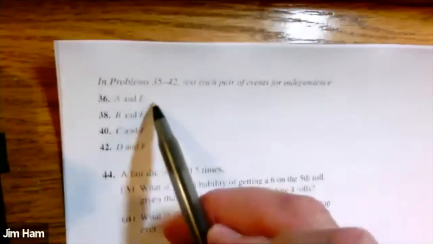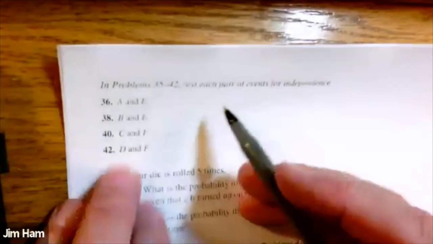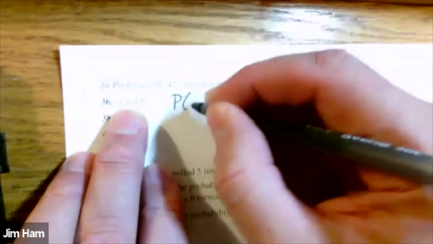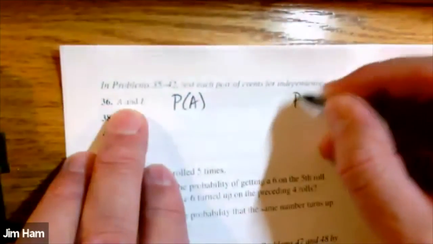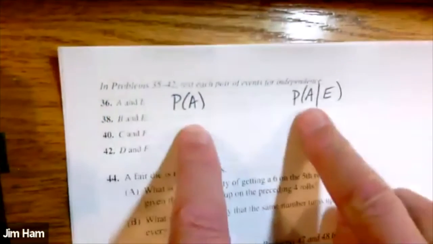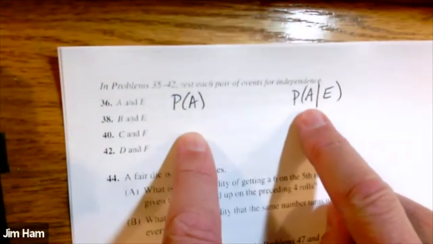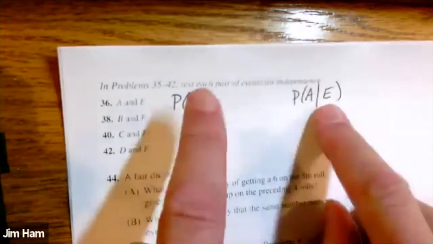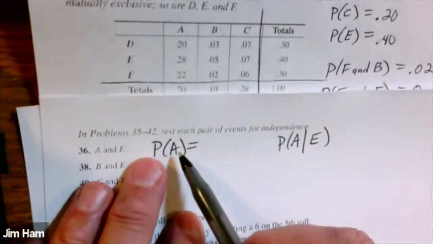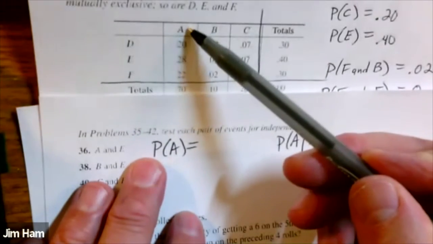To do one of these here, let's just look at 36. Let's calculate the probability of A, and then the probability of A given E. Notice that the A comes first in the conditional probability. If these two numbers are the same, then we say those two events are independent. First, the probability of A, here it is.